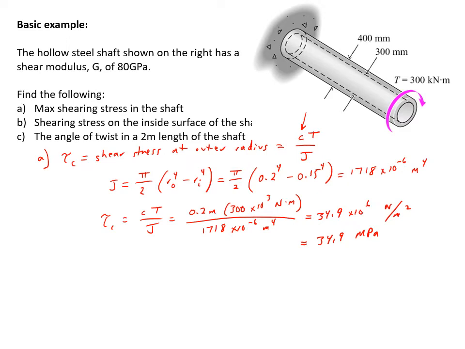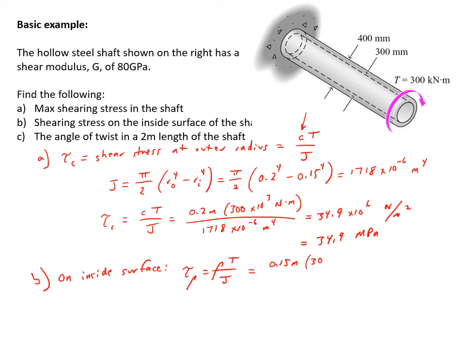All right, the shearing stress on the inside surface of the shaft is basically just going to be that similar expression for shear stress, except we're going to use a different radius. On the inside surface, we use tau rho equals rho times torque over J. In this case, rho is the inside surface radius, which is 0.15 meters.